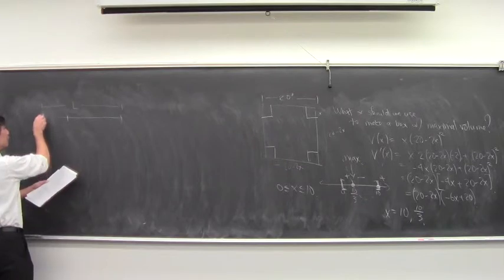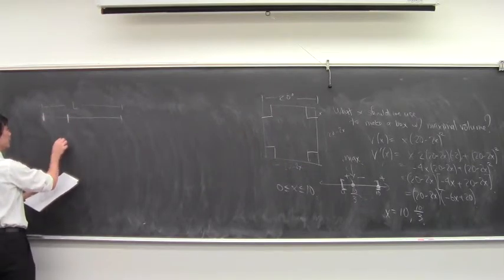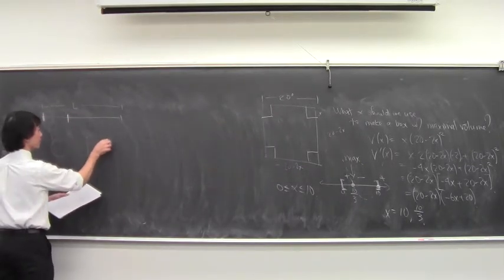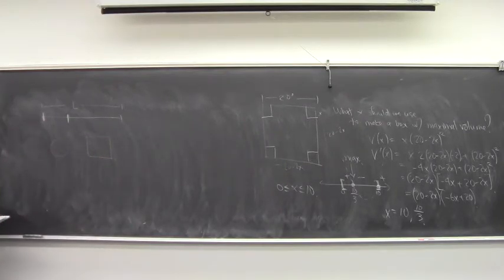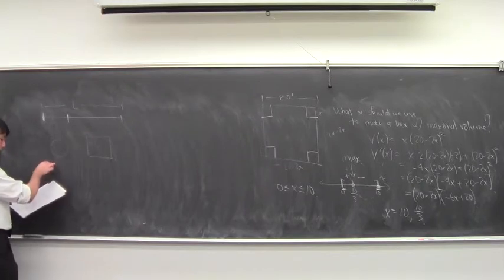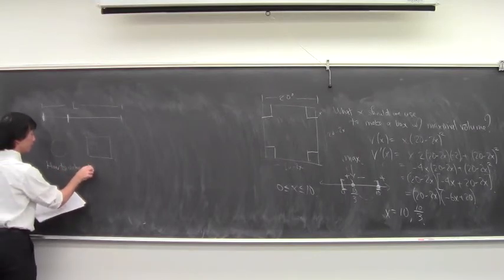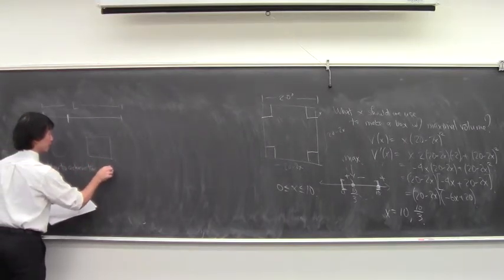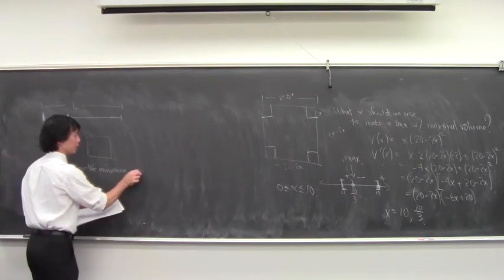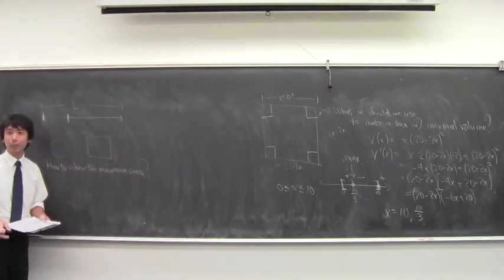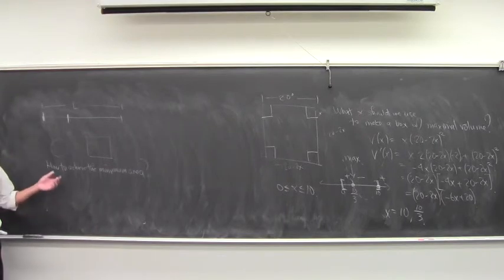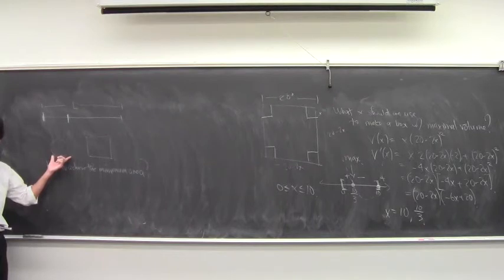So he cuts it into 2 parts, and then uses the first part to make a circle, and uses the second part to make a square. And the question is, how to achieve the minimum area. Okay. This is a mathematical farmer. And for some reason, the person wants to make this contain the smallest amount of area using the wire.